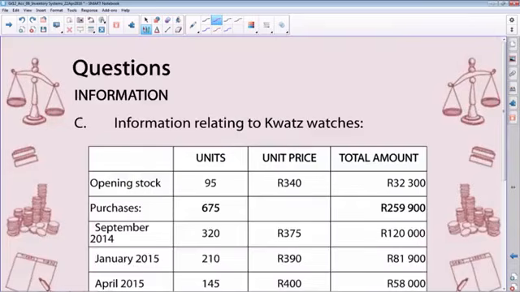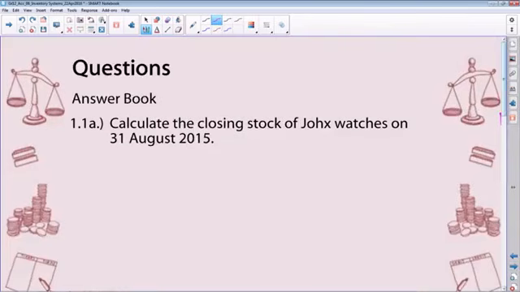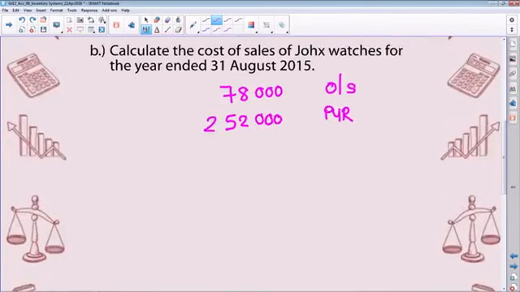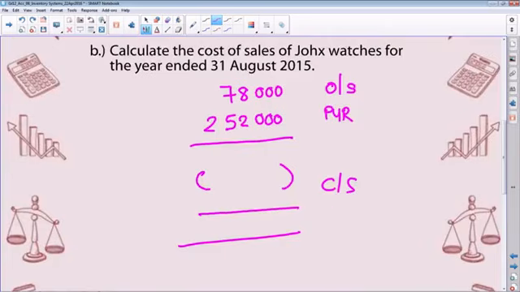So therefore, what we're going to do now is take our opening stock plus our purchases. We're going to add those two components together, and then we're going to subtract our closing stock from it. Once you subtract your closing stock, you will then be left with your cost of sales.